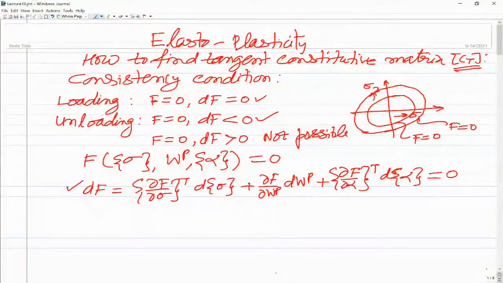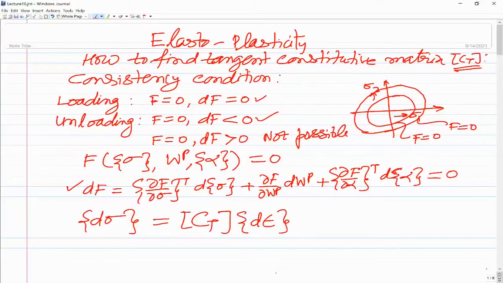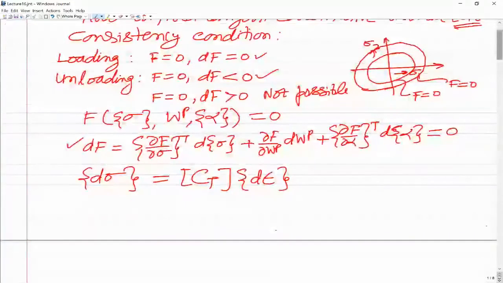So we know that d sigma, the incremental stress, can be written as the tangent constitutive matrix CT into d epsilon, and this d epsilon is the incremental strain. This CT is what we want to find out.